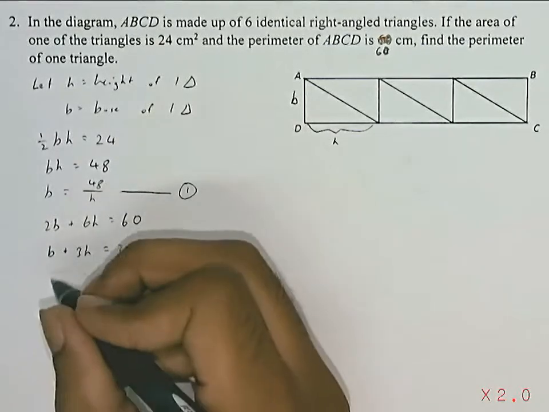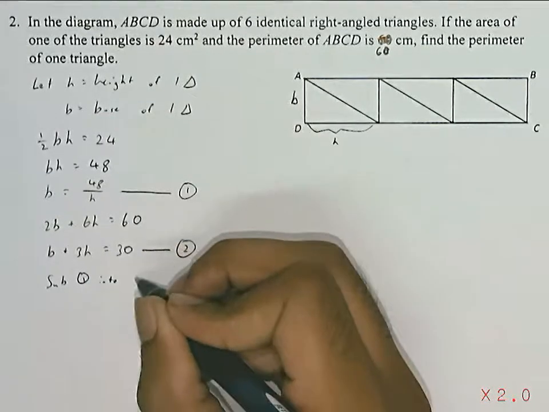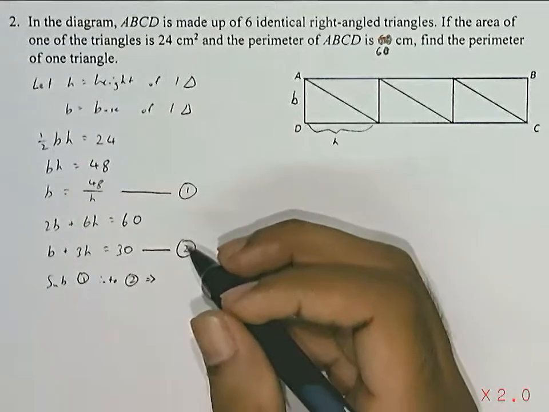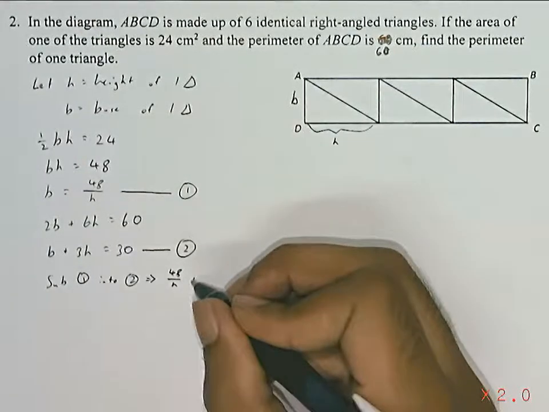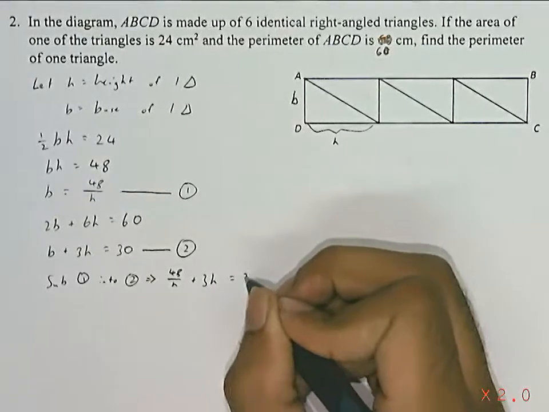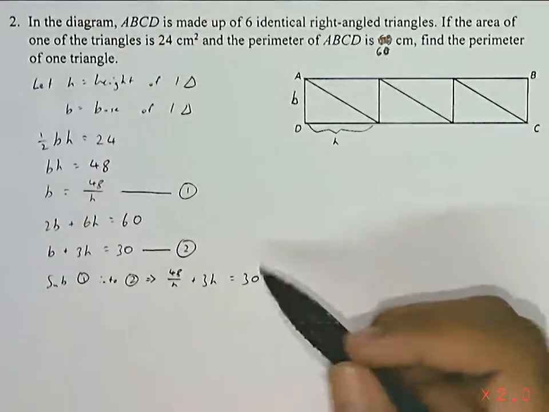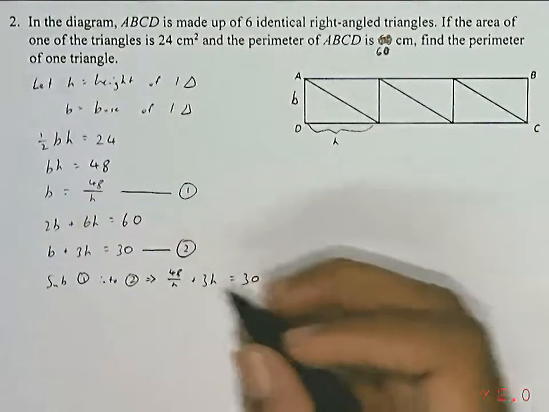So now we can sub equation 1 into equation 2, and that will give us 48 over h plus 3h is equal to 30. Now we can multiply everything by h and also divide by 3 to simplify the equation.